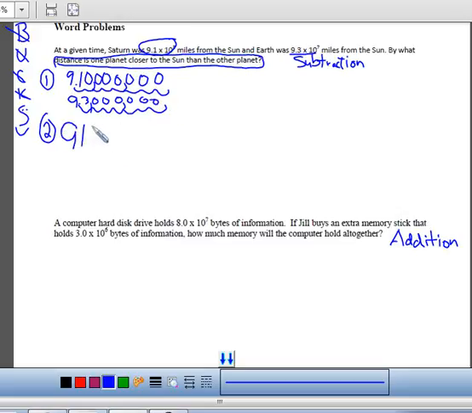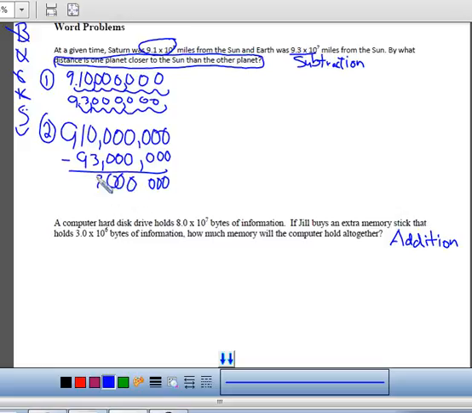So I have 910 million minus 93 million. And I do my subtraction, zeros, zeros. 10 minus 3 is 7, 90 minus 9 is 81.